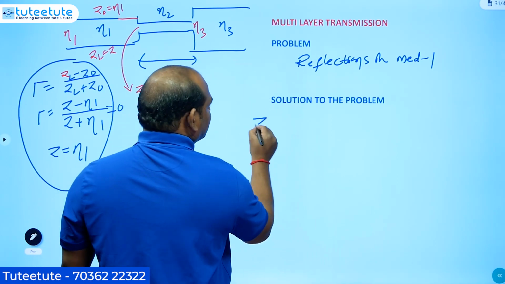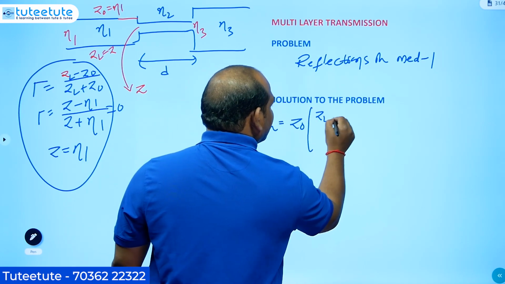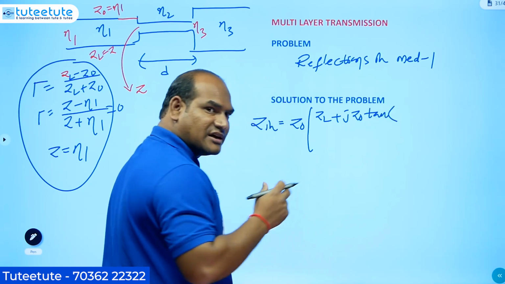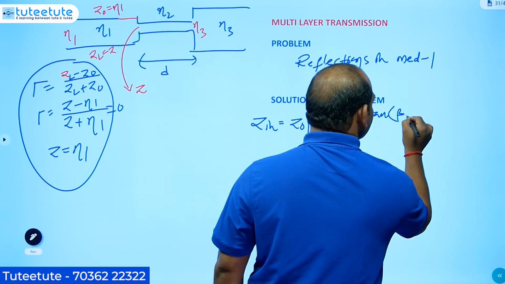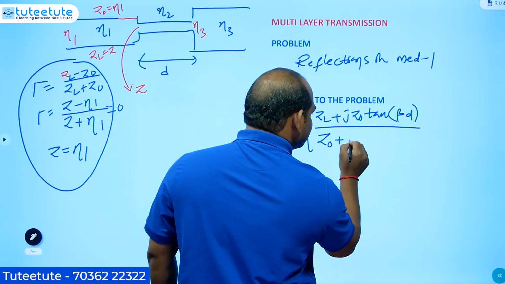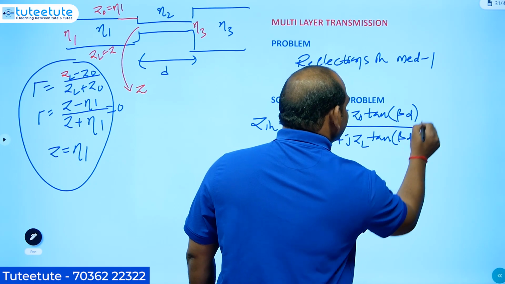According to the transmission line theory, Z input is equal to Z0 into (ZL plus j Z0 tan beta L) by (Z0 plus j ZL tan beta L). L is the length of the transmission line, and in our case, the length of transmission line 2 is d, so tan beta d. This is the general formula.